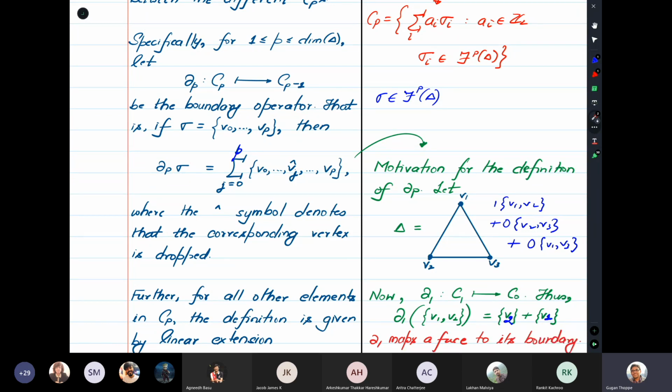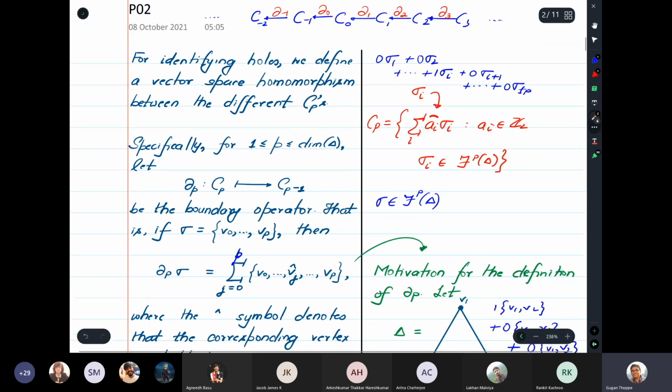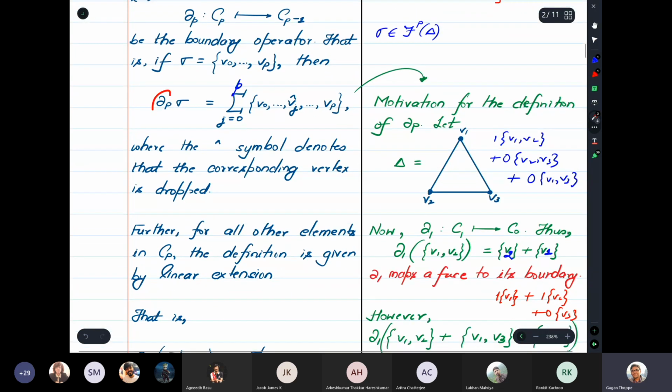So special p chains meaning those p chains where these ai is 1 for precisely one i, and for every other i the ai's are 0, right? So you can think of one p face as this special kind of a p chain, right? So only for those p chains have we defined this operator.